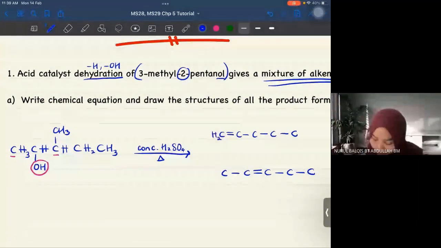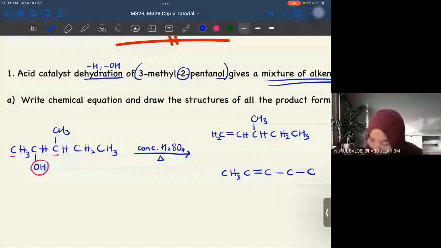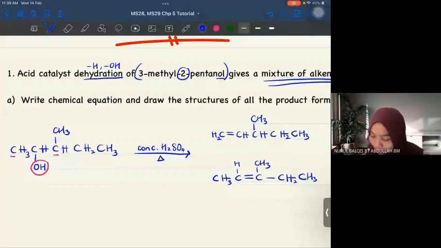Lengkapkan: CH2, CH, CH3, CH2, CH, CH, CH2, CH3. Yang ni pula kita ada CH3, CH, CH3, CH2, CH3. So the molecular formula is the same, tetapi kita punya alkene berbeza sebab apa?